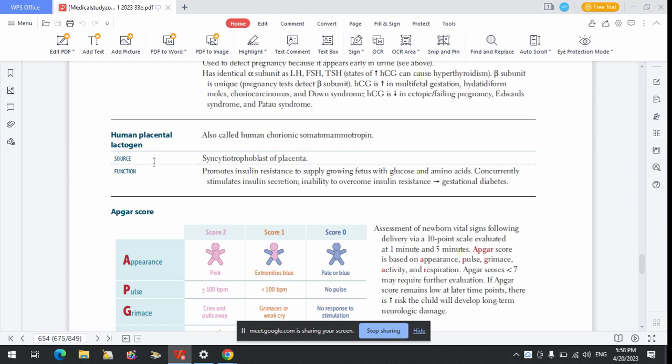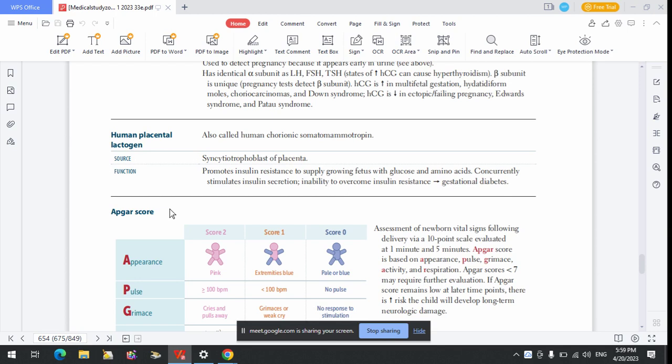So there's lipolysis and fatty oxidation, and because of the insulin resistance and the pancreas does not stop producing insulin, it eventually leads to gestational diabetes. There are many factors that can lead to this, but one of them is the activity of human placental lactogen working together with many hormones like cortisol and the other diabetogenic hormones.